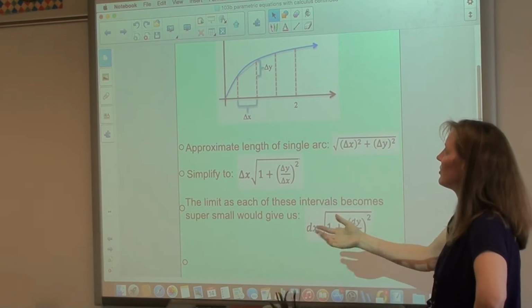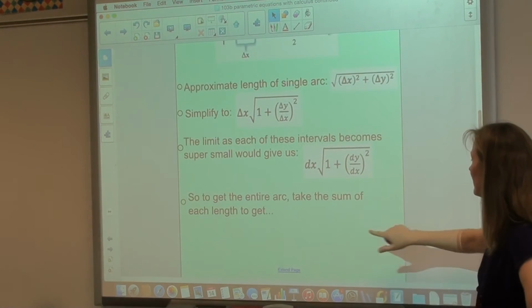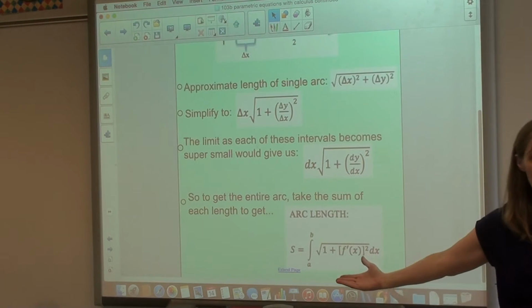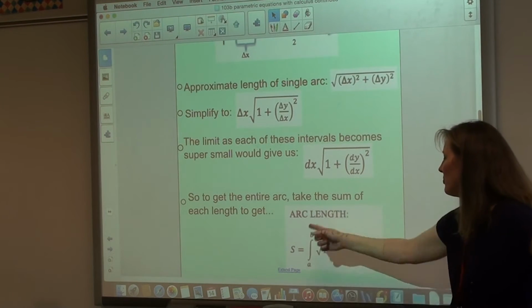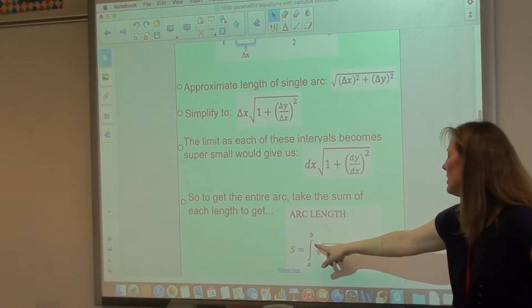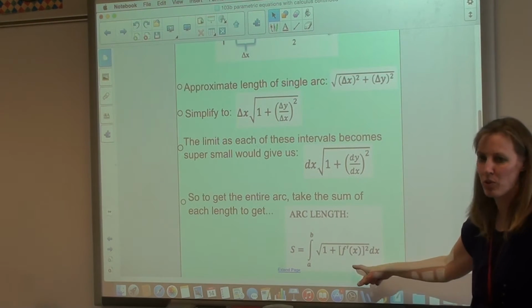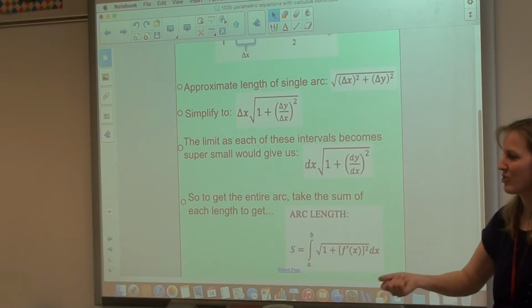And of course, if we want the entire arc length, then we have to add all of the dots together, so we use an integral to add them all together. That's how you develop the formula for the traditional arc length that we used to use: integral from a to b of the square root of 1 plus f prime squared dx. You all remember that like it was yesterday.